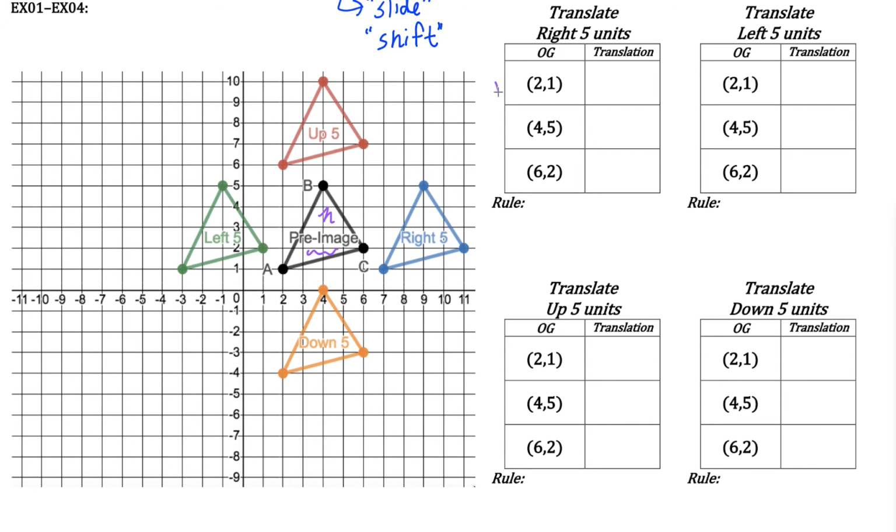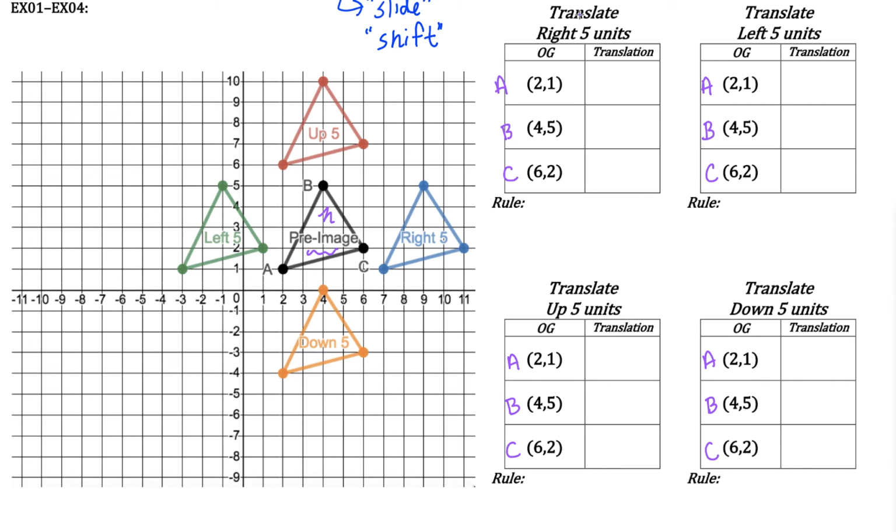So this will be vertex A, vertex B, vertex C. Vertex A was at 2, 1. Vertex B was at 4, 5. And vertex C was at 6, 2.